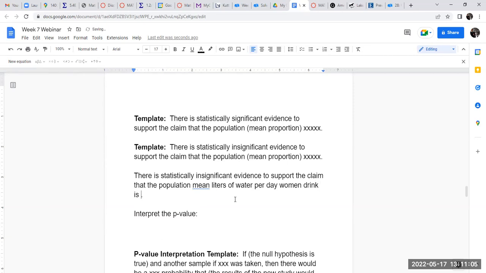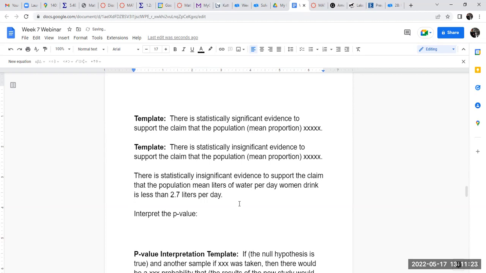Is, and we want to show it was less than. Remember, we have insignificant evidence that it's less than 2.7 liters per day.